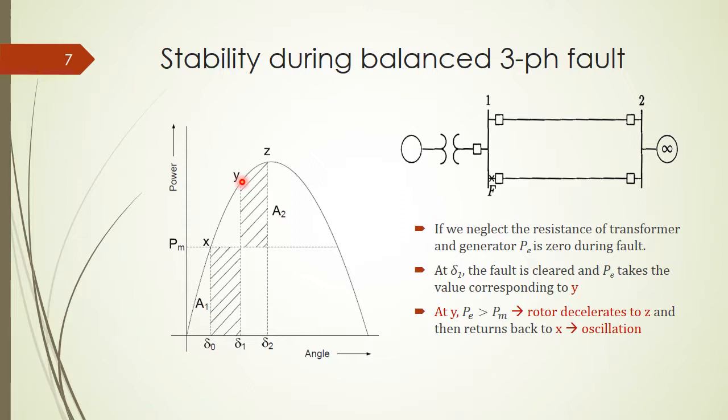So the rotor decelerates to Z here, because now we still have the speed of the rotor, so it slows down and stops here at Z, and then it will return to X, and then we have the system oscillating around X.